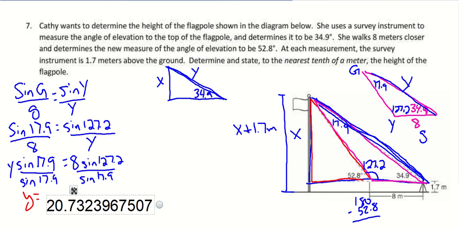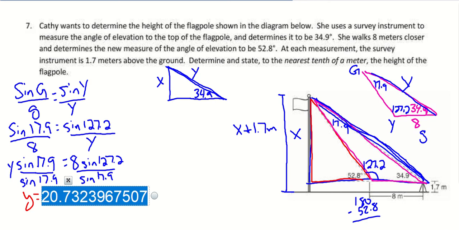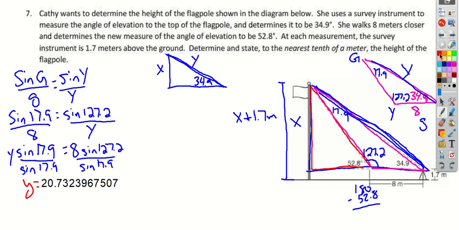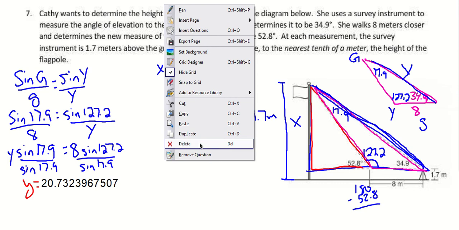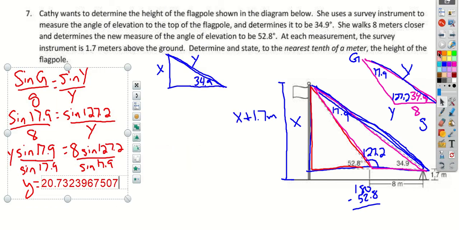And so there is our first answer. We're going to shrink that down a little bit just so that we can save some room. Now we're in our second equation here. Just for purposes that we're going to use here, I'm going to make this red. So that's the first calculation with this triangle right here.